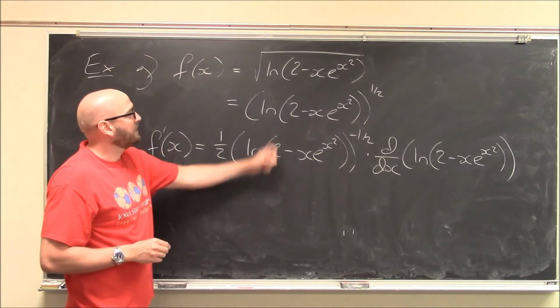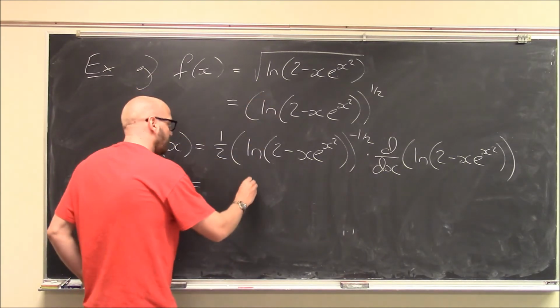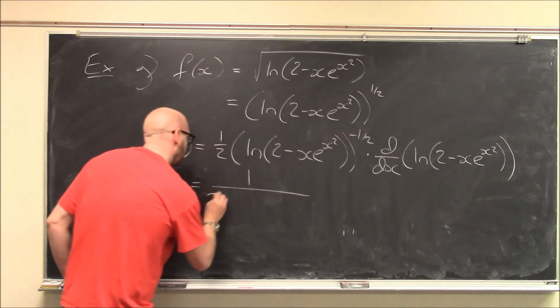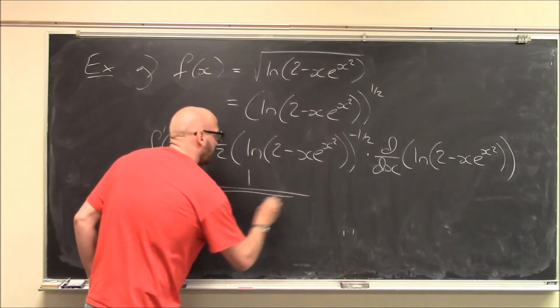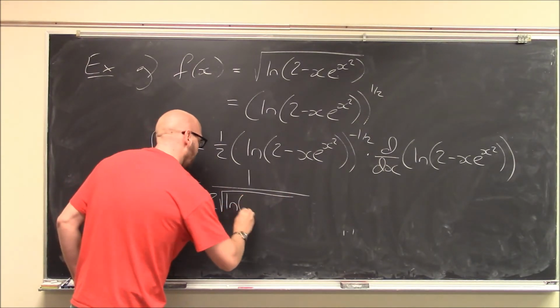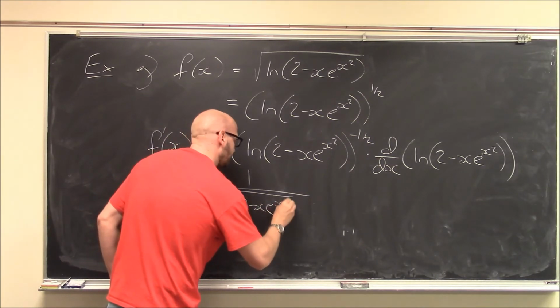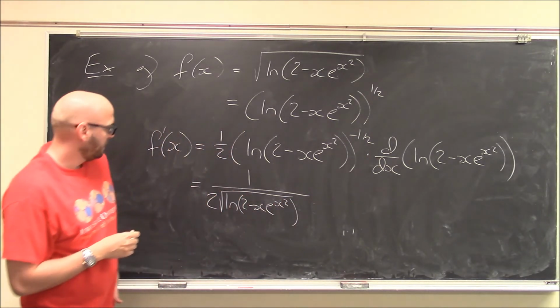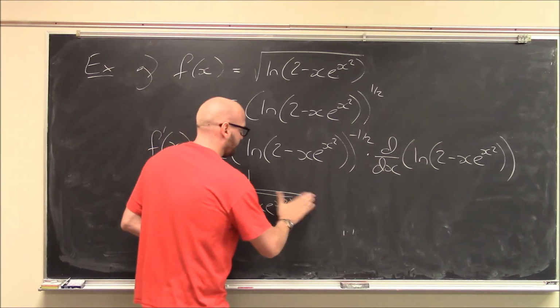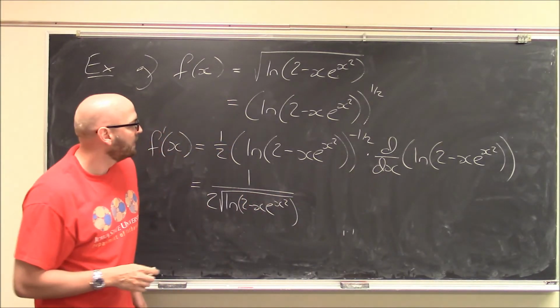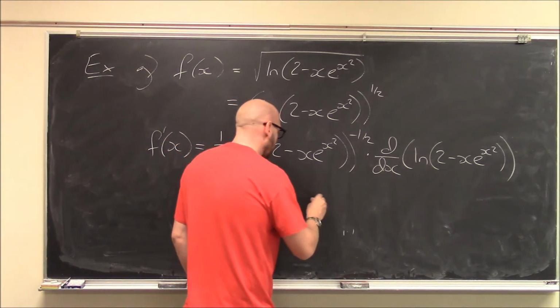This first piece, I'm going to go straight back to square roots because that's where we started. So this is 1 over 2 times the square root of that original function, times what? Times this derivative.